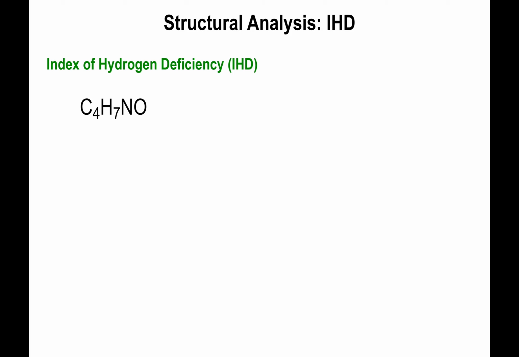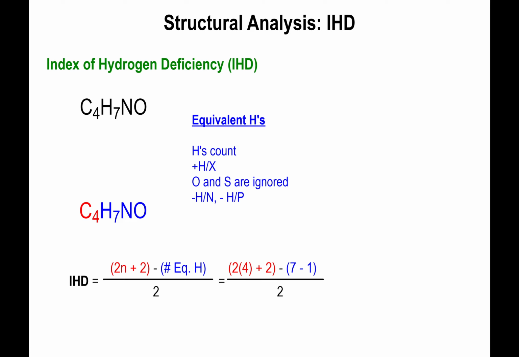Let's determine the index of hydrogen deficiency to see what kind of choices we have. So looking at carbon, we have 4 carbons. We already talked about the idea of the 2n plus 2 rule for the alkanes, which tells us that we have a total of 10 hydrogens, right? So 2 times 4 is 8 plus 2 is 10. And as far as the equivalent hydrogens, well, every hydrogen that's in the structure we count, right?